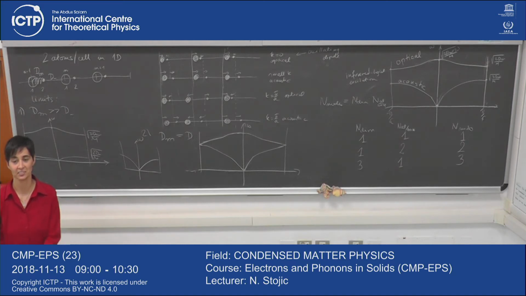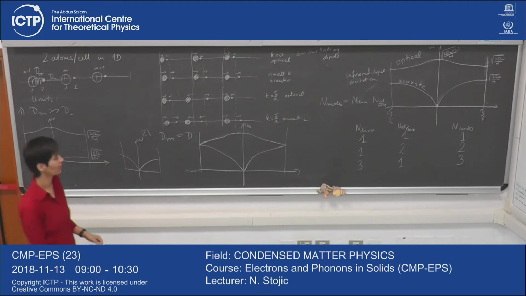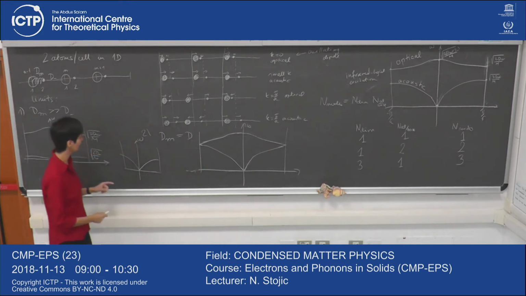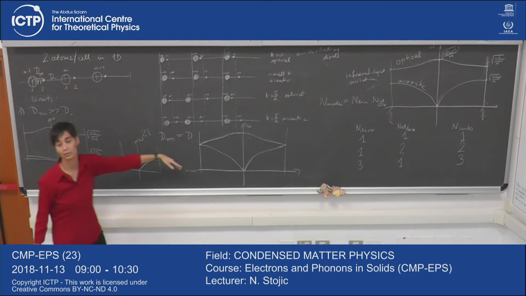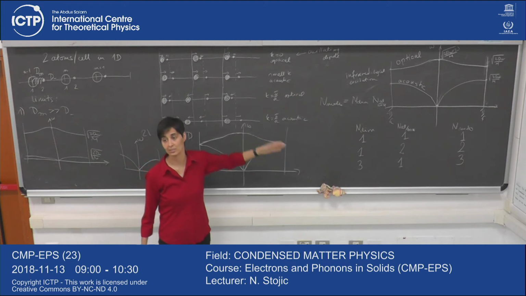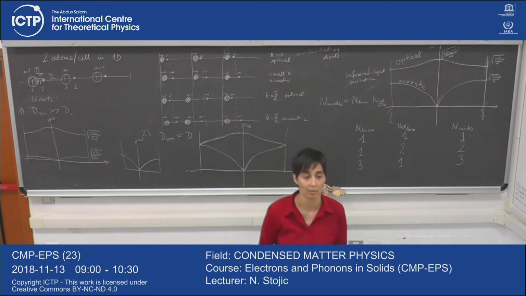So Nika gave the answer. Did you hear the answer? We don't have the same because in this case, our unit cell is twice longer. If you have the same masses and the same springs, it's twice the unit cell of yesterday. And you have folding of phonon bands, just as we had the folding of the energy bands. It's the same thing.